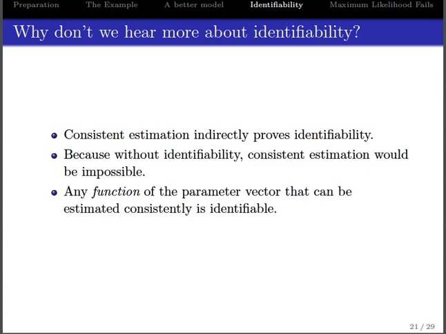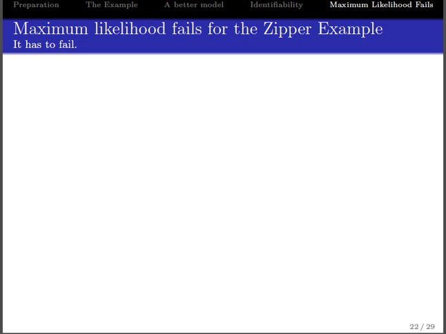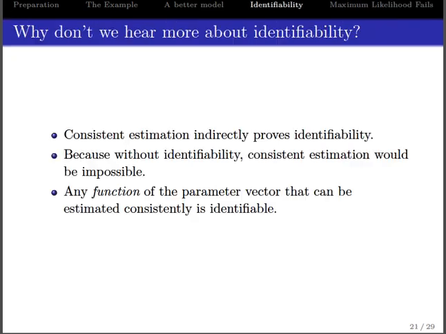Also, I should mention that sometimes the whole parameter vector isn't identifiable, but a function of it could be estimated consistently. And in that case, that function of the parameter vector is identifiable. Let me go back. Here's an example of a function of the parameter vector that's estimable: alpha over alpha plus beta, for the beta example.